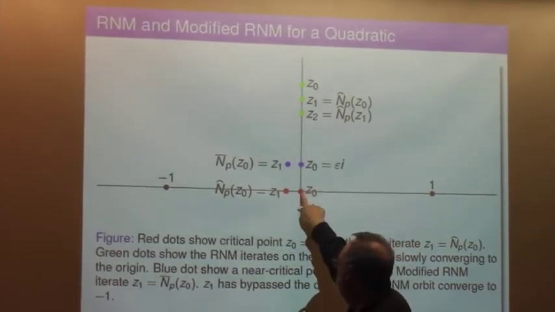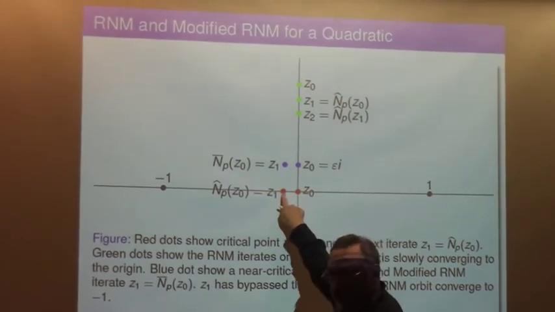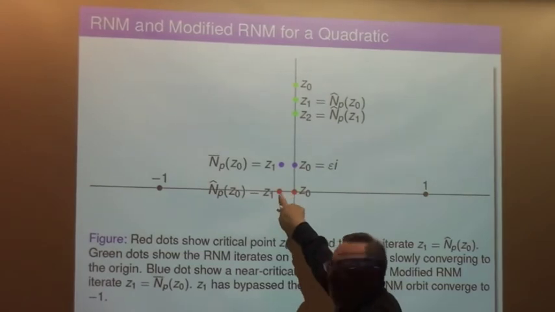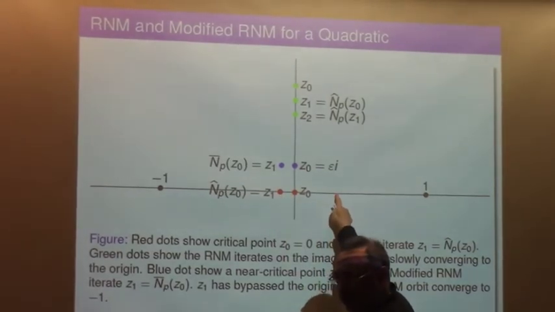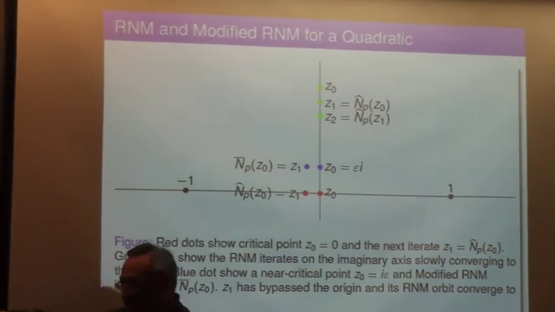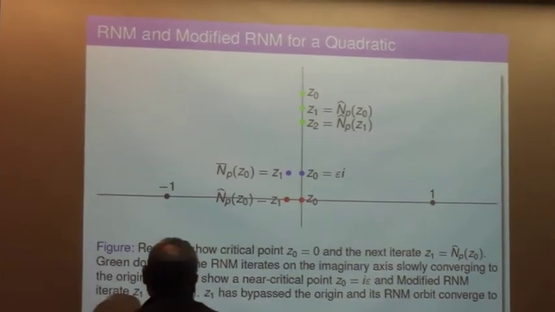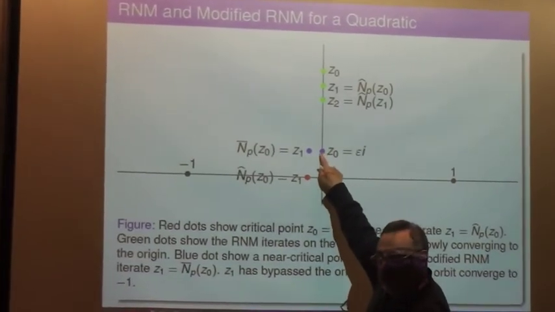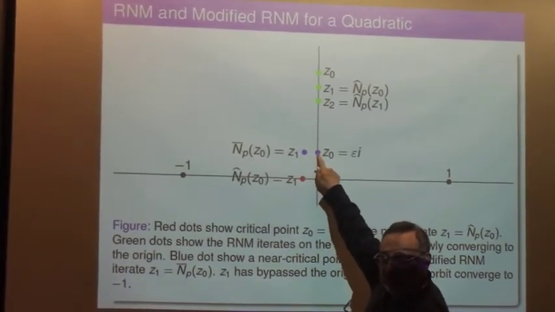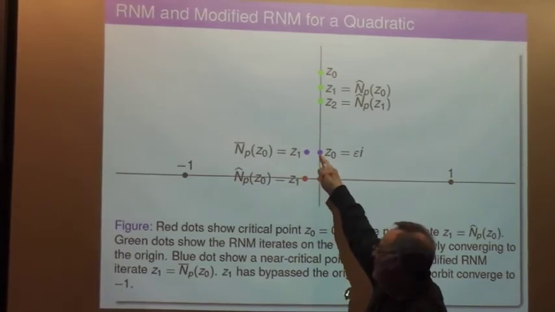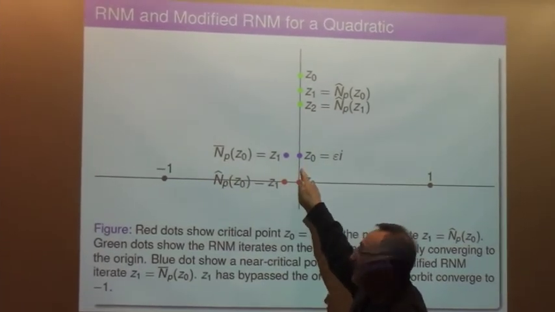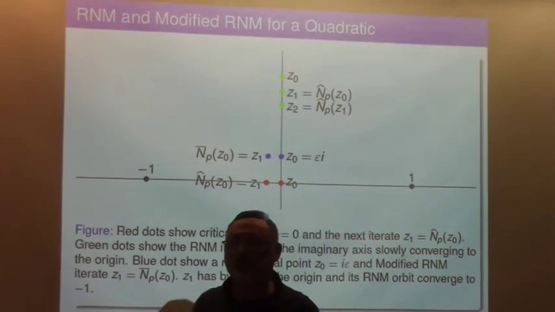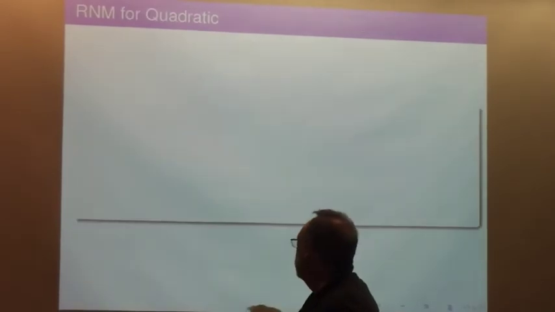And if you're at this critical point, the next iterate would be this one. I could have made it so that it would converge to that, because I have two sectors of descent. If you do this trick, where for a near critical point you do the modified Newton's method, then instead of moving down here, it's going to jump to here. From that point on, it converges to minus 1.